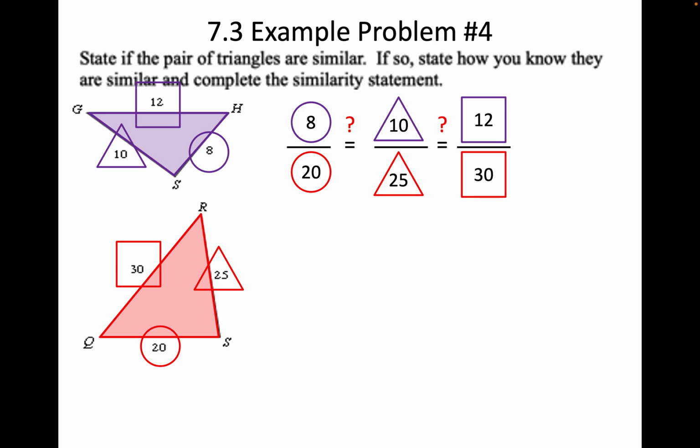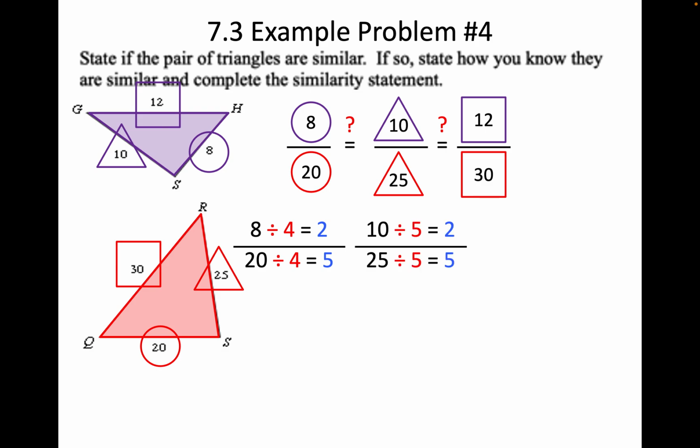So to determine whether this is the case, I can do one of two different ways of doing it. The first is I can just simplify the various fractions. So 8/20ths, if I divide by 4 on the numerator and the denominator, I get 2/5. 10/25ths, if I divide by 5 in the numerator and the denominator, I get 2/5.